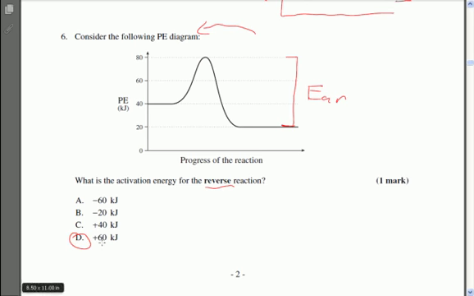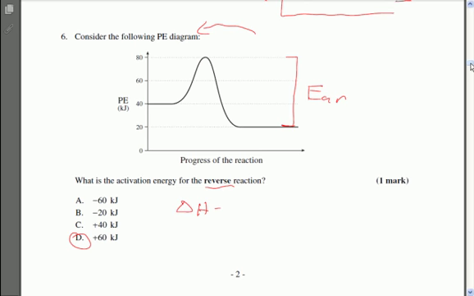So 6 should be plus 60. It shouldn't be negative. The only time you should get a negative number is if you're dealing with the change in enthalpy. But activation energies should always be a positive number.